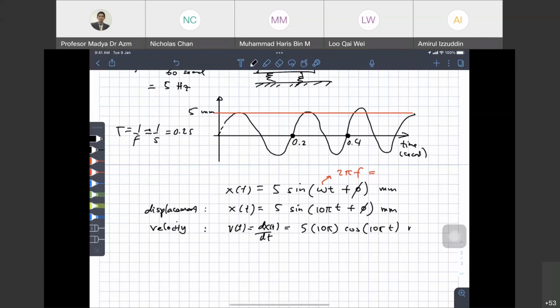So this one is millimeter over second, meter per second. So you get 50 pi cos 10 pi t millimeter per second. So the magnitude of velocity now is 50 pi millimeter per second.